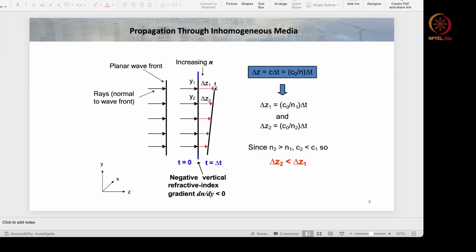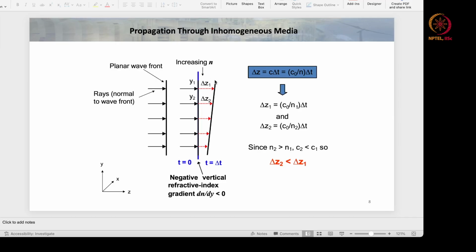Therefore, ray y1 traverses a little bit of a further distance compared to ray y2. So in other words, delta z2 is less than delta z1. So if you now draw the front where these rays were after the same amount of time delta t, you'll find that they have traversed different distances.